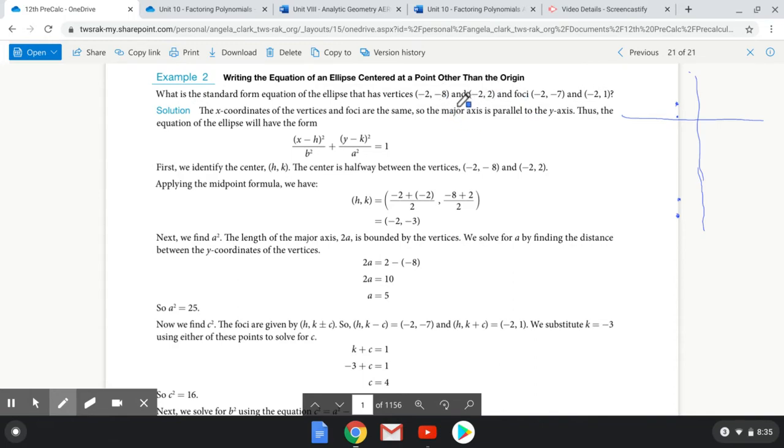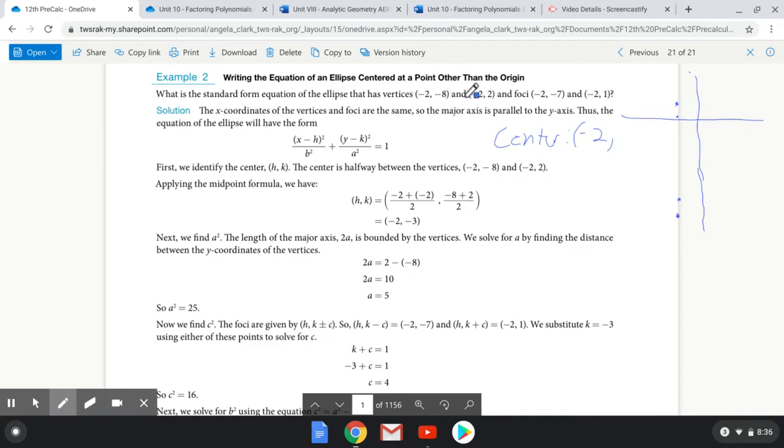So we would just get -2. So we know that our center is going to be at x = -2 because it's going to be in line with the rest of these, right?